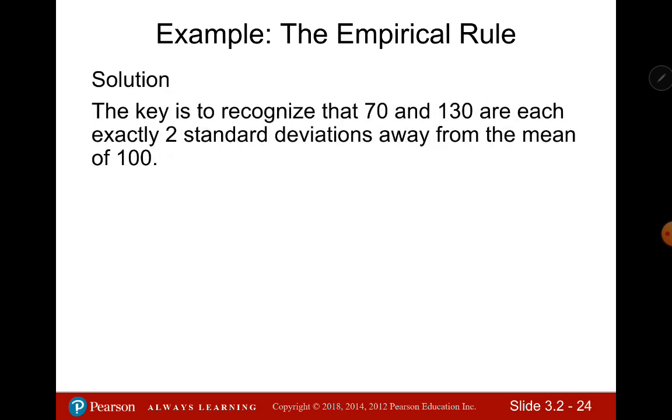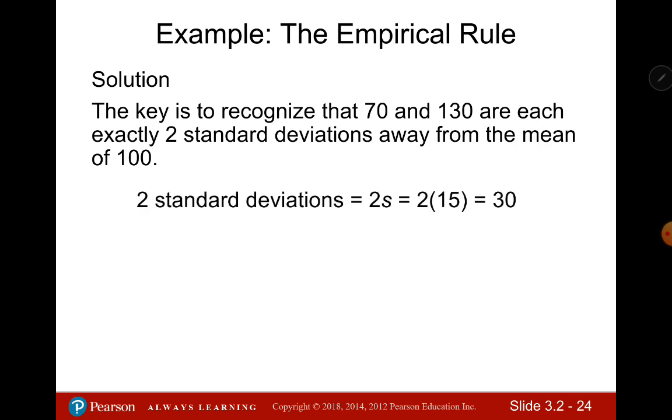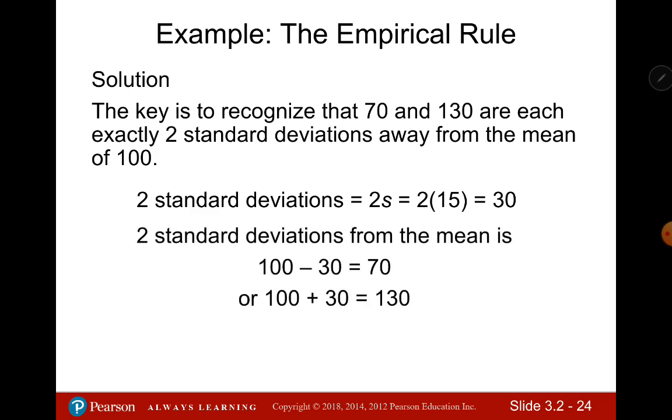Let's check the solution. If we know the mean and the standard deviation, it's easy to get that 2 standard deviations will be just 30. And this 70 is just 2 standard deviations below the mean, and this 130 is just 2 standard deviations above the mean.